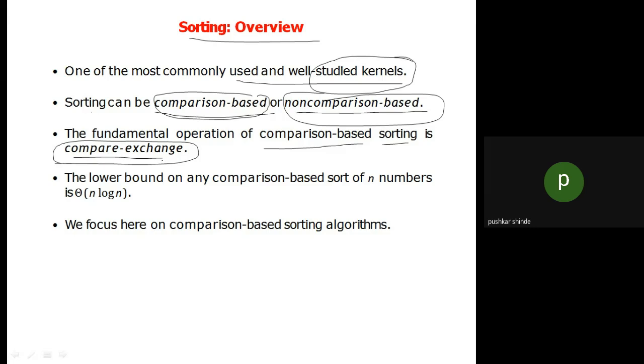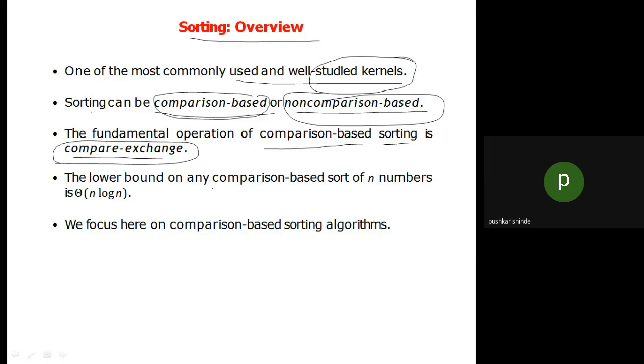The minimum value will be kept by the left processor, and the maximum value will be kept by the right processor. In this way compare and exchange can be done on a parallel platform. We'll go into more details of it as we discuss this unit. So they compare the numbers and exchange the values if they are less or greater than expected.